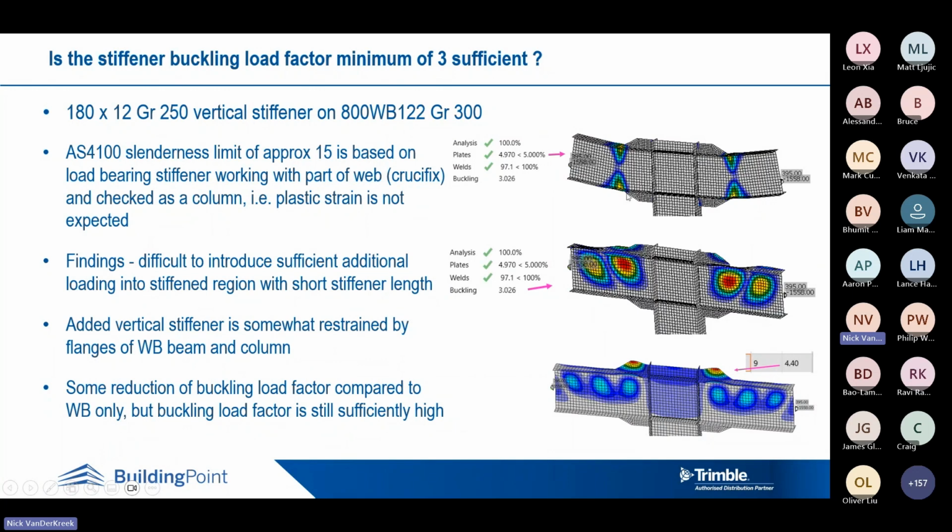So that's on the slenderness limit. And I made the stiffeners a bit longer than usual just to see if I could make it fail, in a sense, in terms of plastic strain or buckling. It was very difficult, I found, to get enough load into this region. Either the beam tended to fail outside the stiffener, either in plastic strain, or the buckling modes were showing up in that region.